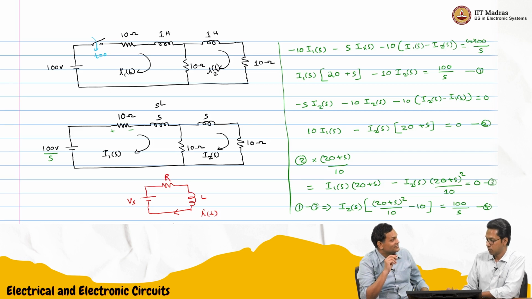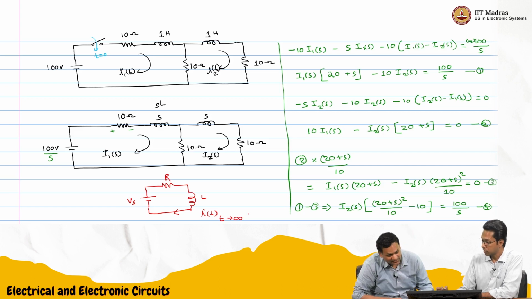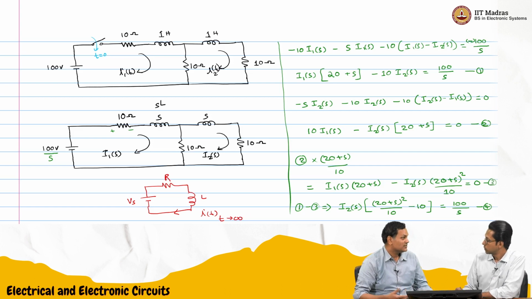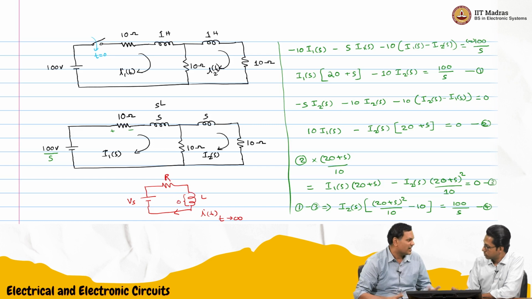If I only have a DC source, i of t should be constant, as we have always assumed when solving DC circuits. Then that current will be Vs by R, that's what we hope.